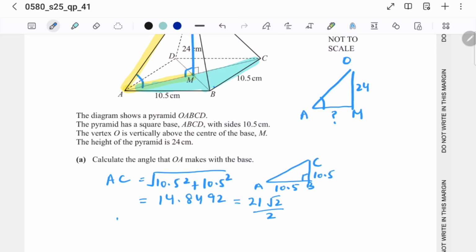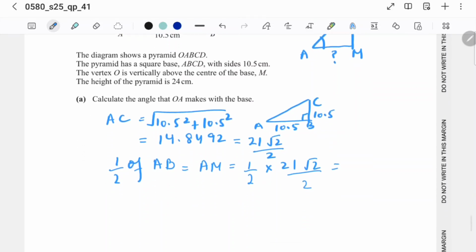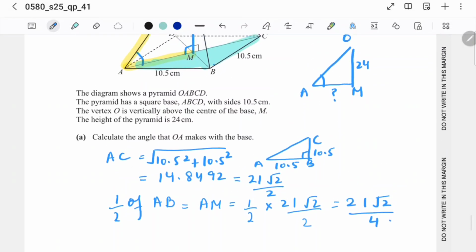So AM is equal to half of 21 square root 2 upon 2, which is equal to 21 square root 2 upon 4. You can do it in decimals also if you want. Okay, now we are ready to find the angle. This is your opposite side and this is your adjacent side.